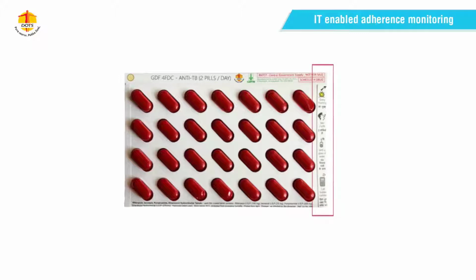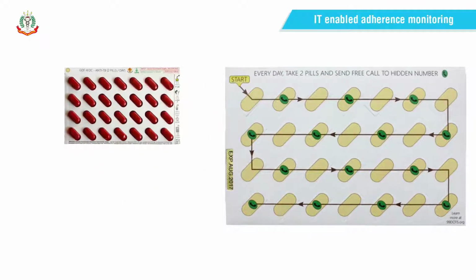However, before starting this patient on a 99 dots system, the patient's number, either a mobile number or a landline number, has to be registered onto the system, so that the system recognizes that this is a number of this particular patient who has called today, which means he has opened the strip. On the reverse of this particular sleeve, you would see those serrated openings which can be opened by the patient depending on the number of pills.